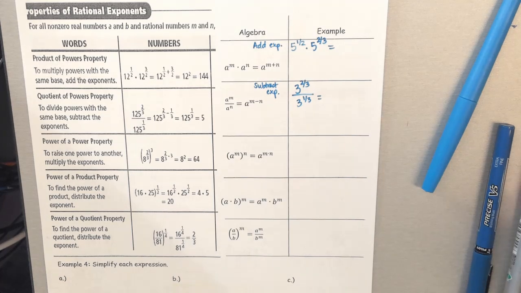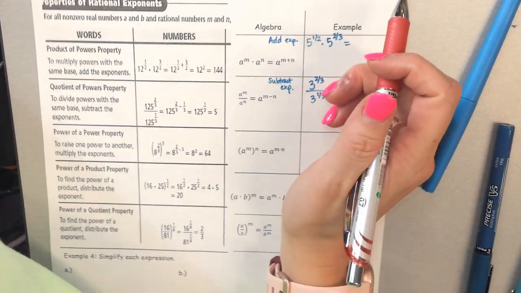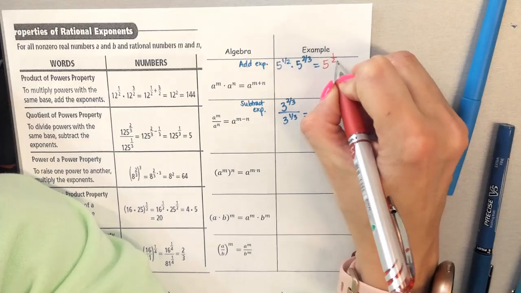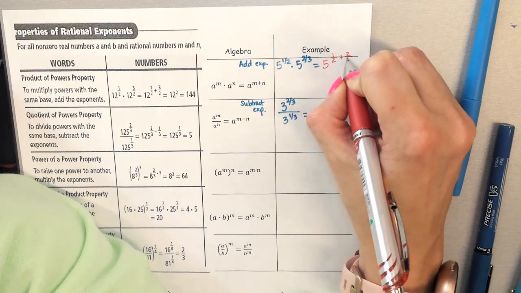Okay, so your first step in the first one is just writing down that you're going to add 1/2 and 2/3.